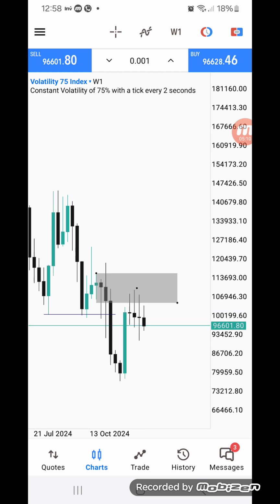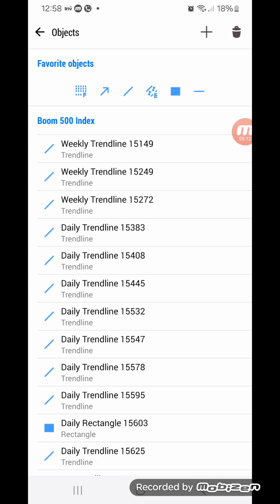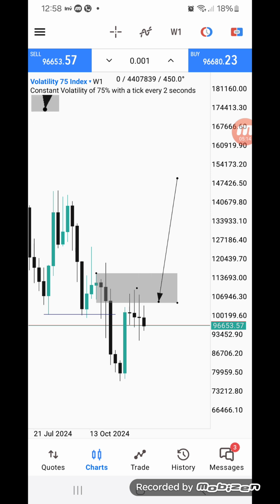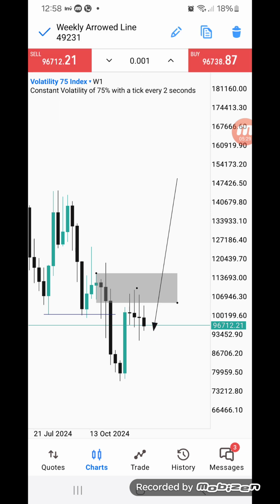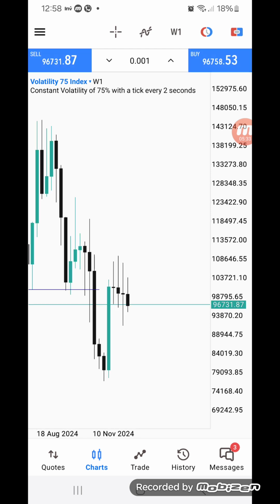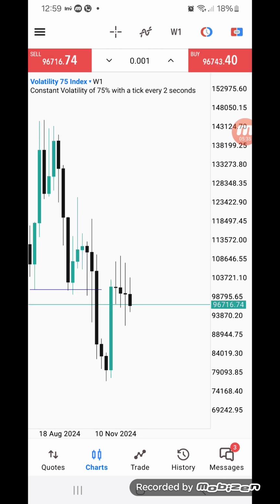You can see even these rejection candles here can tell you that this point is actually strong to make the market move to the downside.